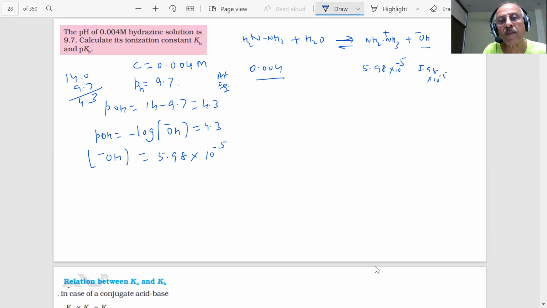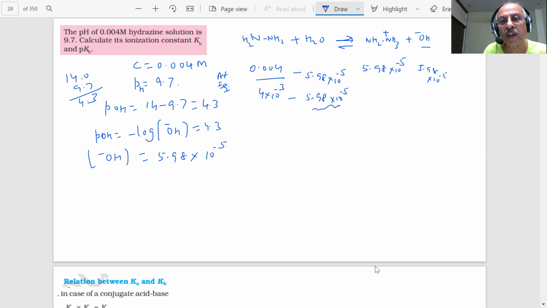So 0.004 minus how much? This value which is there, 5.98 into 10 raised to power minus 5. What is this? 4 into 10 minus 3 minus 5.98 into 10 minus 5.